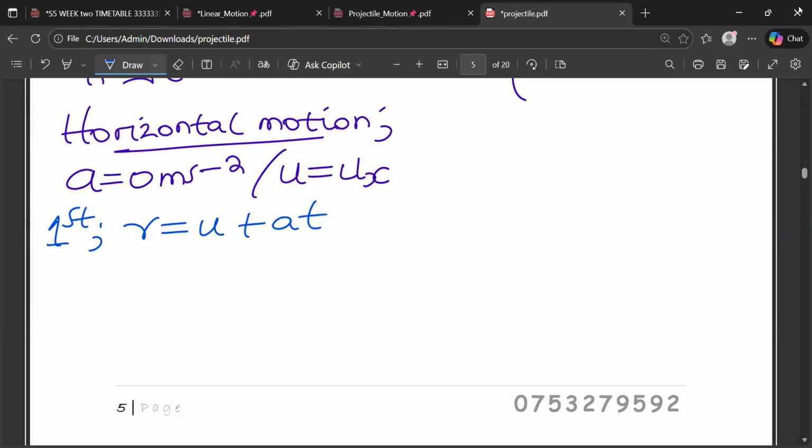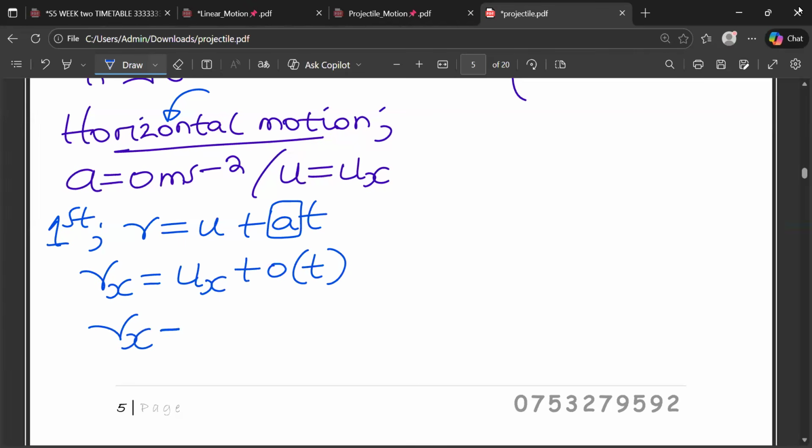I don't need to bring in things of gravity, so I don't need to put the letter g here, because I'm dealing with horizontal motion and gravity doesn't act in the horizontal plane. So I'm supposed to substitute. In the horizontal plane, my v is vx, my u is ux, my a is 0, and I always take a certain time t for that motion. So I think you see how the time is cancelling. So my v is this.